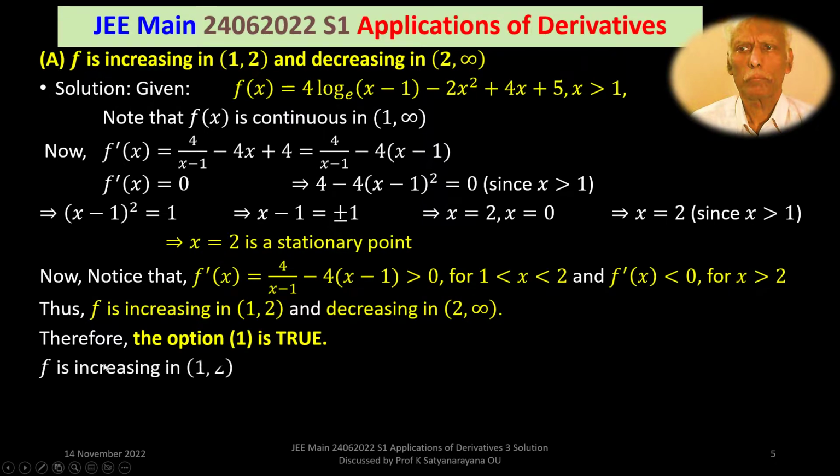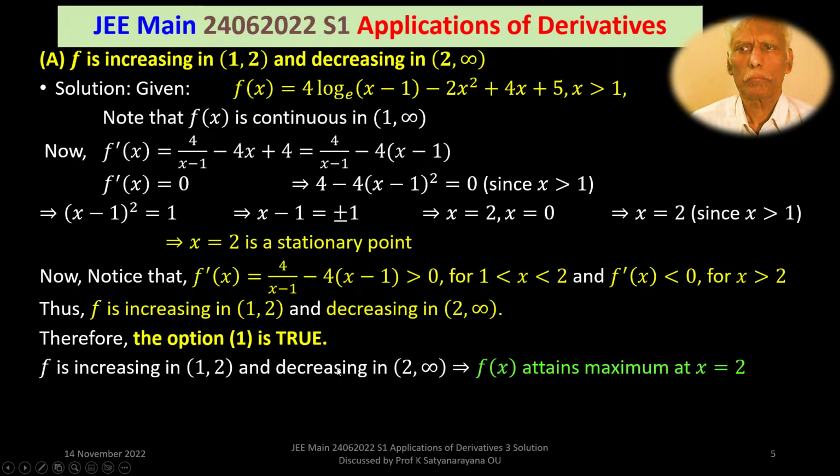And f is increasing in (1, 2) and decreasing in (2, ∞) means what? f(x) attains a maximum at x = 2, and we calculate f max, that is equal to the value of f at 2. So you substitute x = 2 and you will get 5.